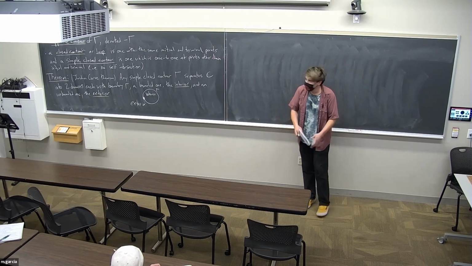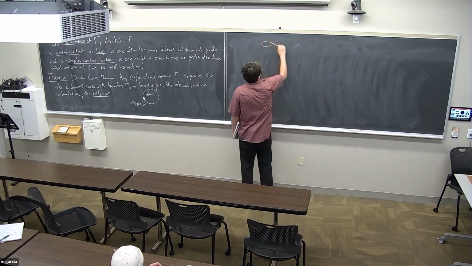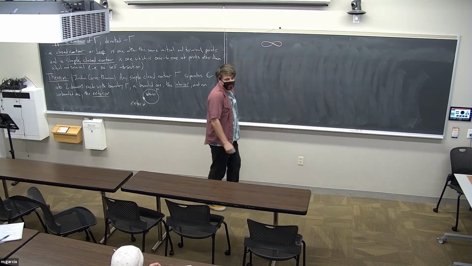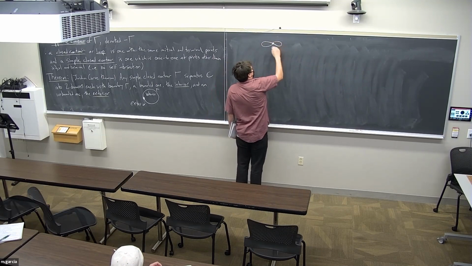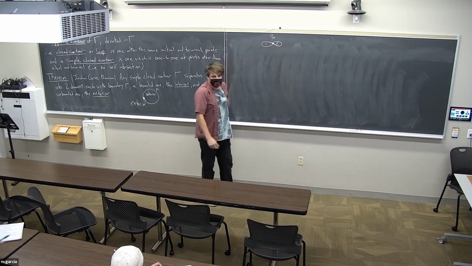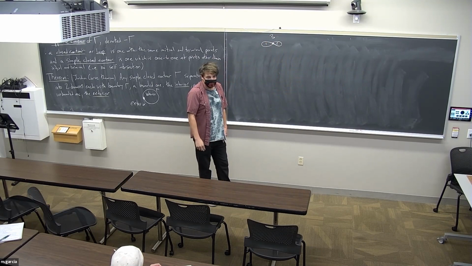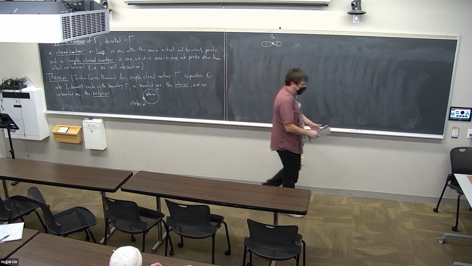So, for example, here's a closed curve that has one self-intersection, and here's 1, 2, 3 regions that it separates the plane into. Okay, so proving this in full generality is quite difficult.